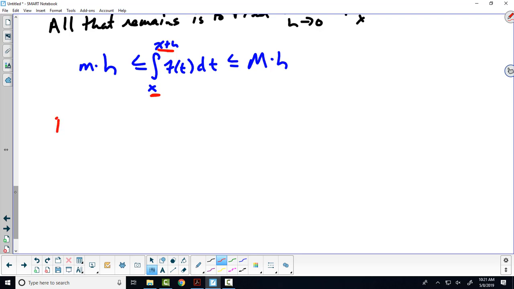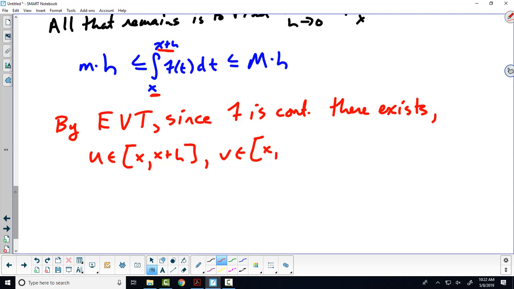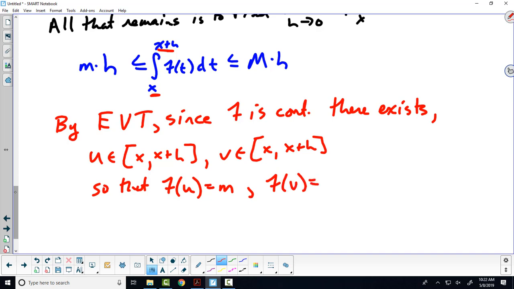By the extreme value theorem, since f is continuous, there exists a u and a v. Let me say it like this: there exists a u contained in x to x plus h, and a v contained in x to x plus h, so that f of u equals little m, and f of v equals capital M. Why does this work?